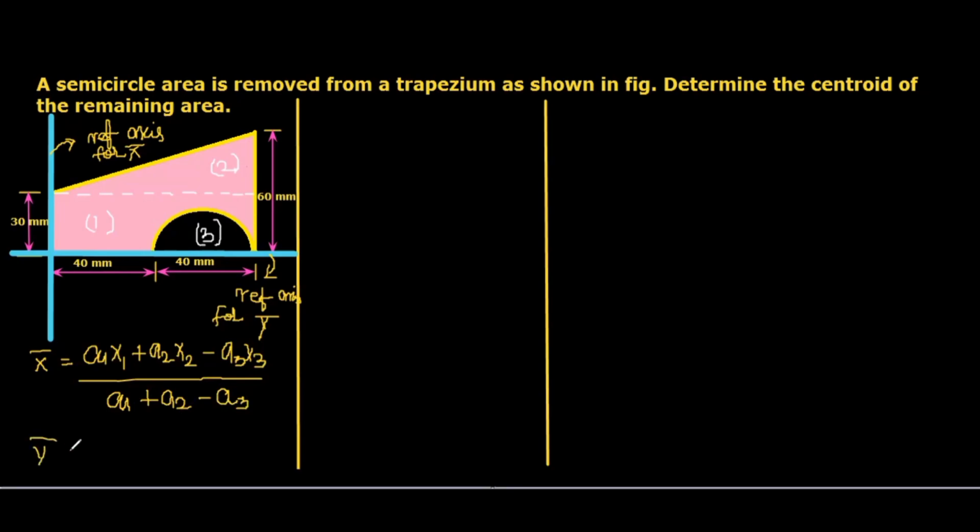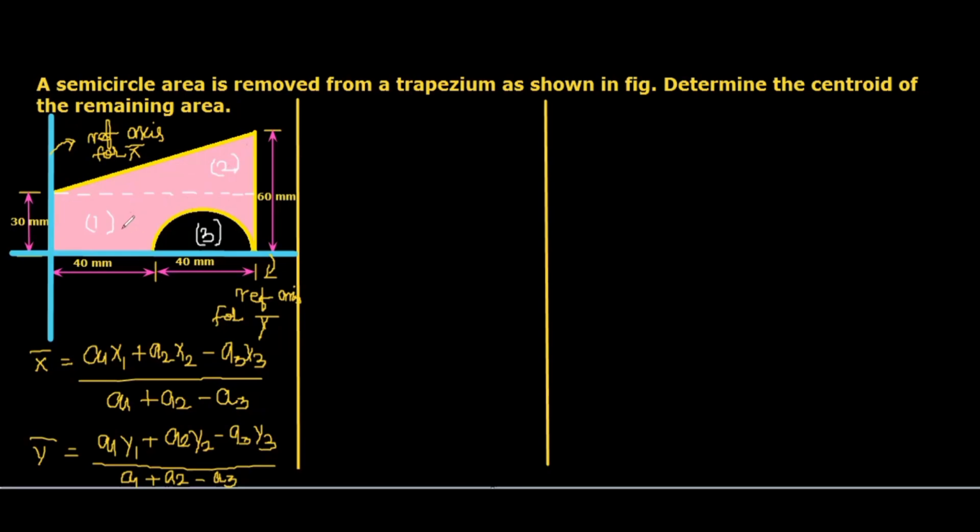Same for y bar: y bar = (a1 y1 + a2 y2 - a3 y3) divided by (a1 + a2 - a3). So a1, a2, a3, x1, x2, x3 we need to calculate for x bar. y1, y2, y3, along with a1, a2, a3, we need to calculate for y bar. So first I start with segments 1, 2, 3.